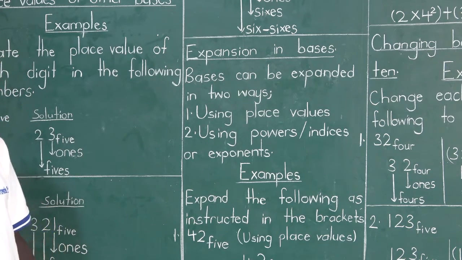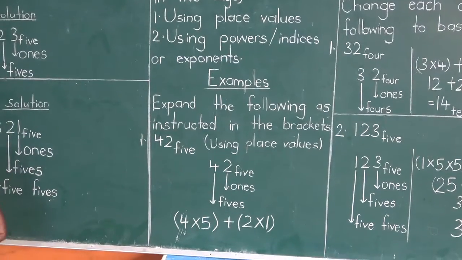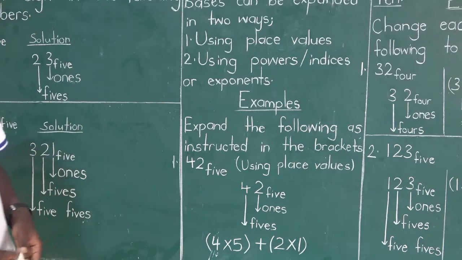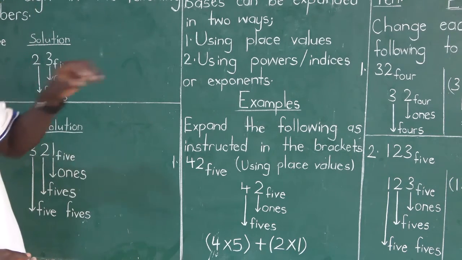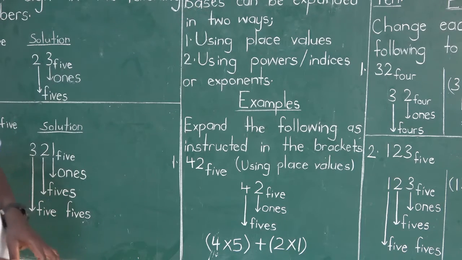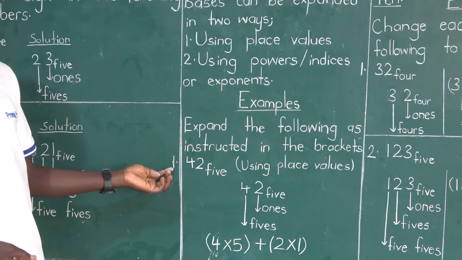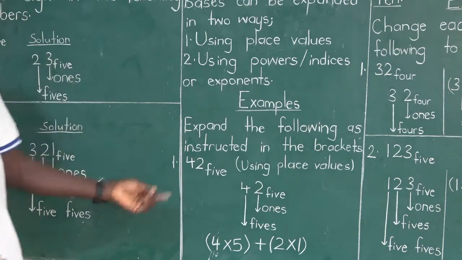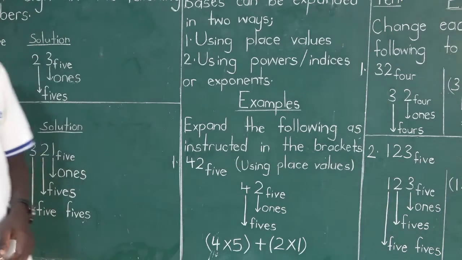As the examples are coming your way, the instructions say: expand the following numbers as instructed in brackets, meaning we shall have different instructions for these two ways of expansion. So example number 1 tells you to expand 4 base 5 using place values. Expand 4 base 5 using place values.